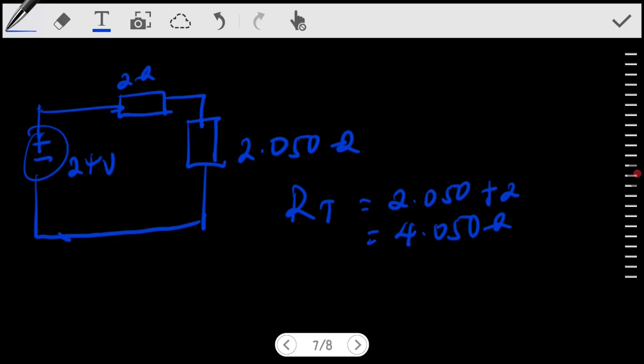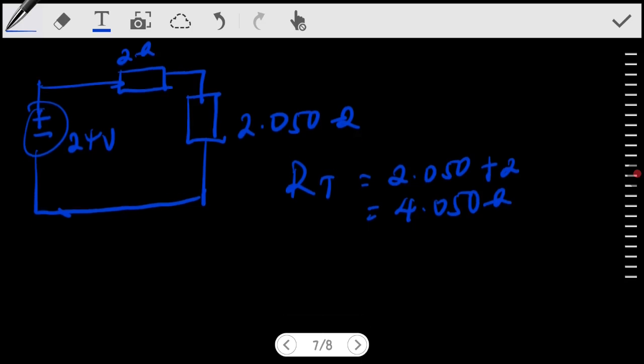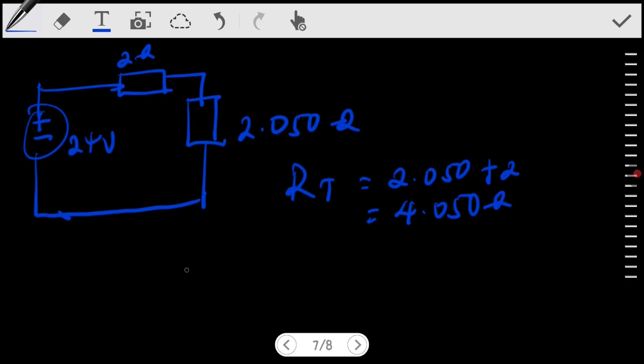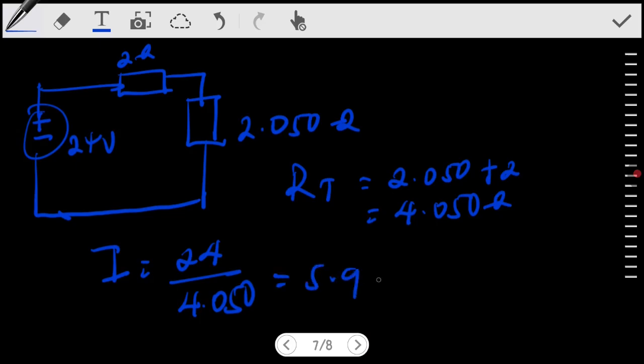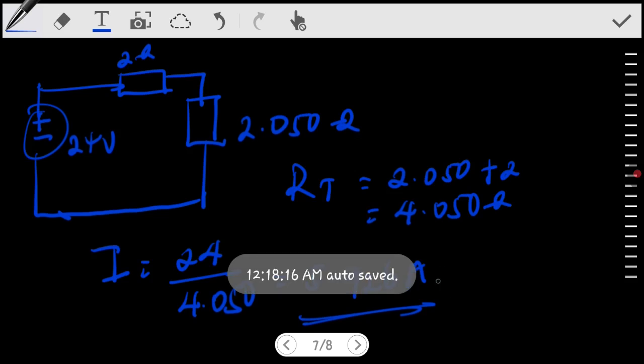That means that this can enable us to get the total current from the voltage source. Then current, we know that I equals 24 divided by 4.050, right? So this should be equal to 5.926 amps, right? Now, this is the total current from the source.